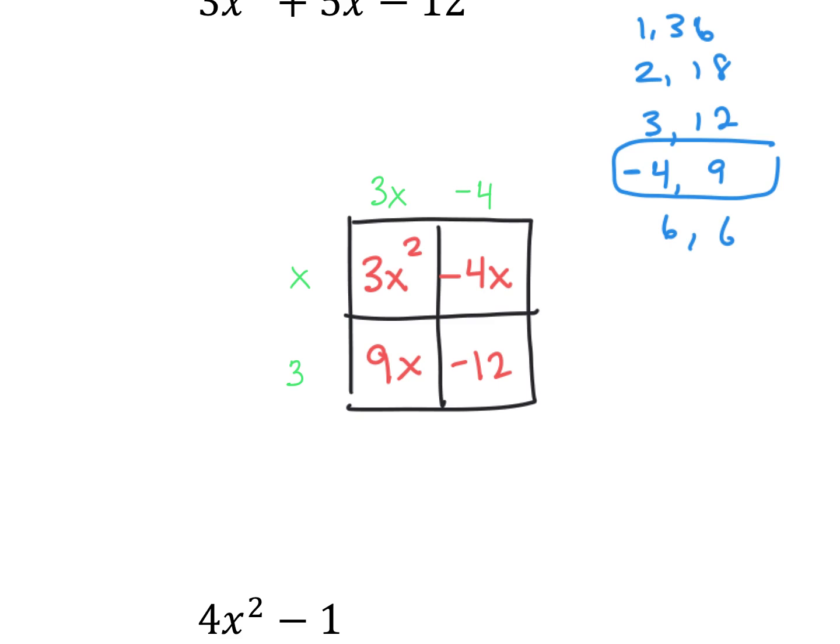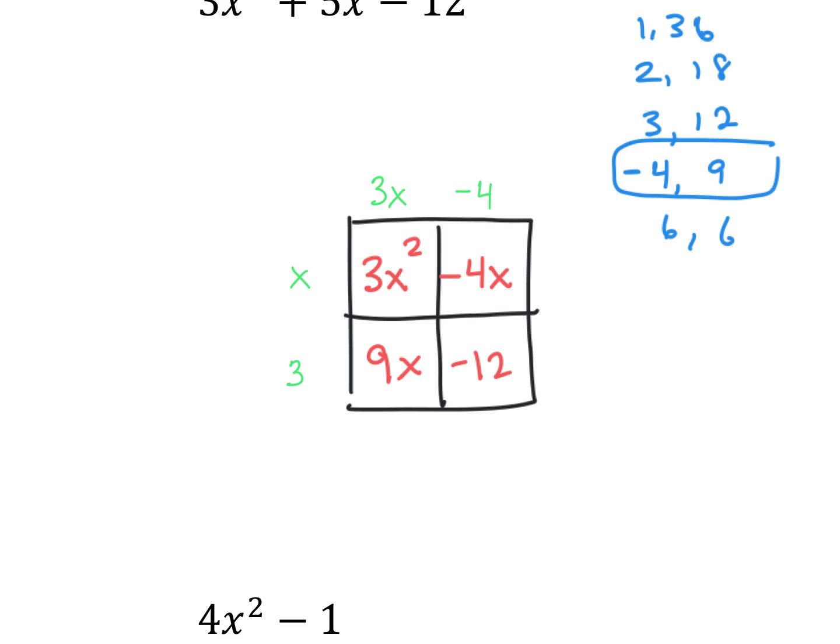Now, before we put our answer together, we can double check it right now. We know that multiplying with a box, that 3x times x should be a positive 3x squared, and that is. Is 3x times 3 equal to 9x? It is. Is negative 4 times x equal to this negative 4x? Yep. Is negative 4 times 3 equal to that negative 12?